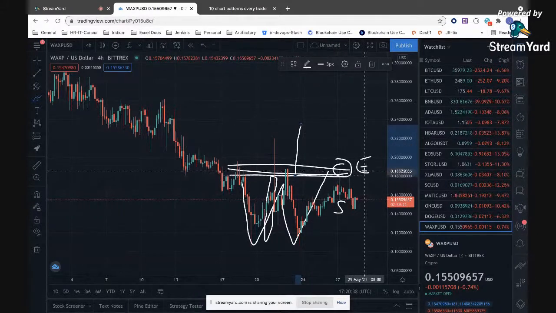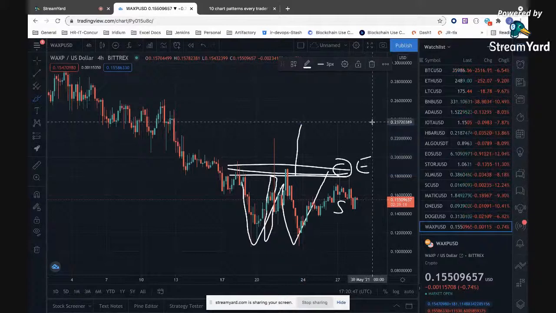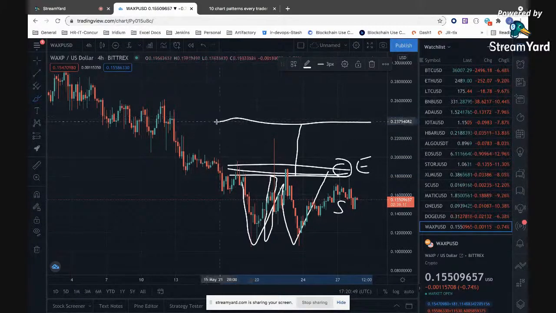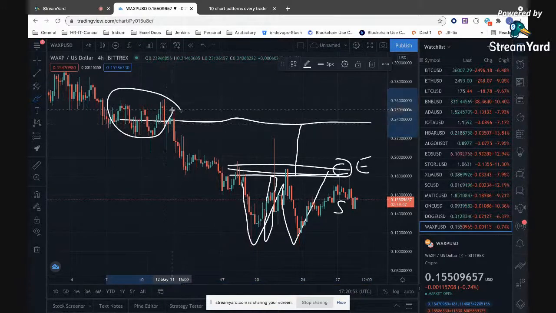So we're talking about an entry somewhere around 18 cents if it's the WAXP, and then you're exiting about, let's say 24. Why 24? You also can see here that this one over here has a huge consolidation, right? You can see here there is huge accumulation distribution over here that becomes a nice resistance level that matches the pattern.